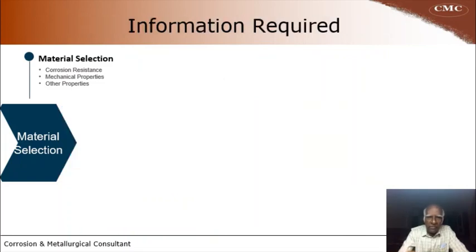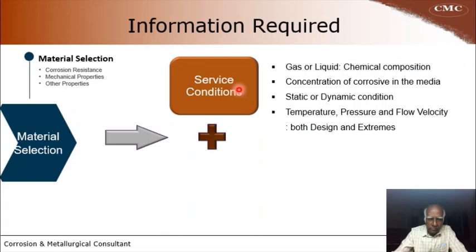Information required for material selection. Material selection will consist of two stages. Service conditions, the chemical process service conditions to which the equipment will be exposed, are required. These are the following: whether it is gas or liquid flowing, its chemical composition. The concentration of the corrosive species is also required.